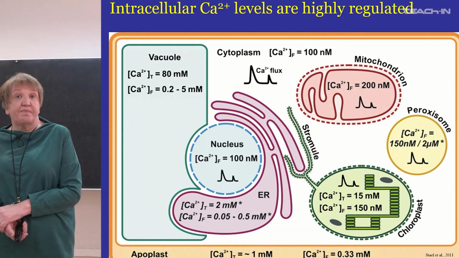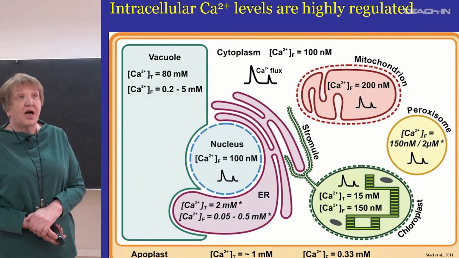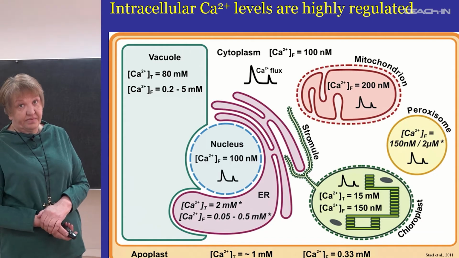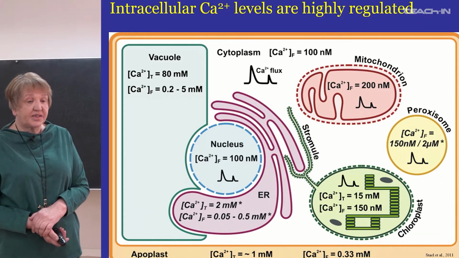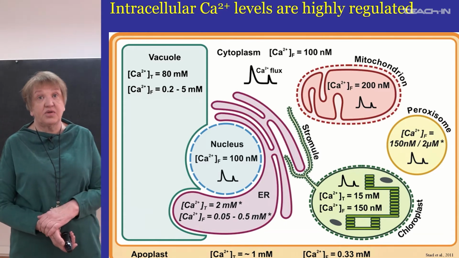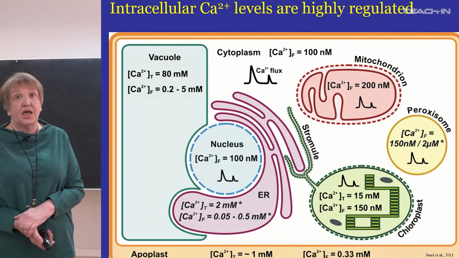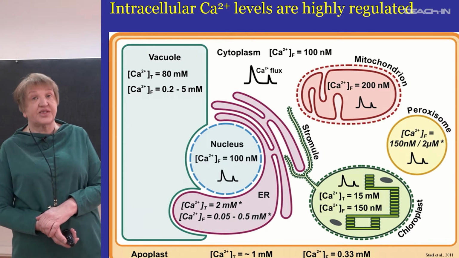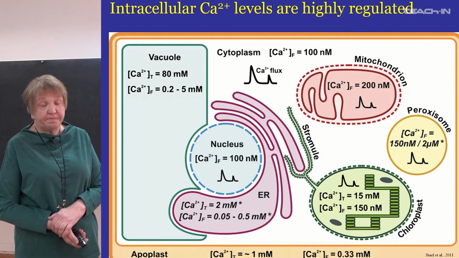So the intracellular calcium concentrations are highly regulated. When the concentration in the apoplast is 1 millimolar or more, or around that number, the concentration of calcium inside is about 100 nanomolar in resting state.